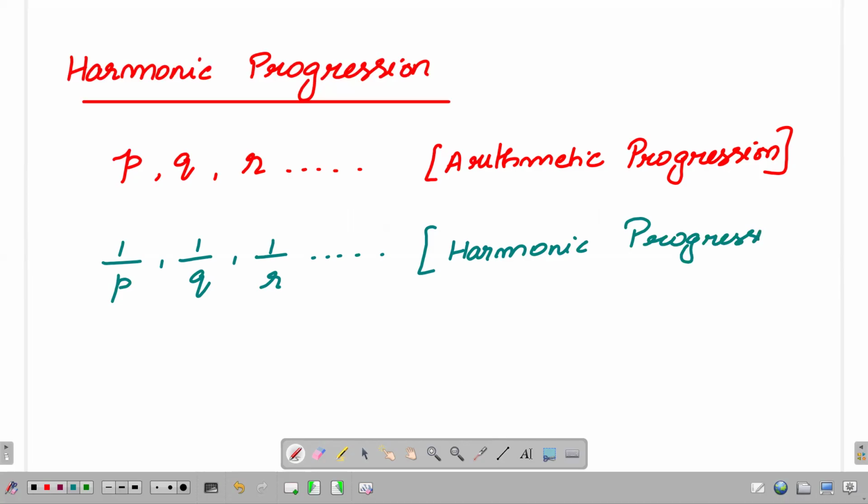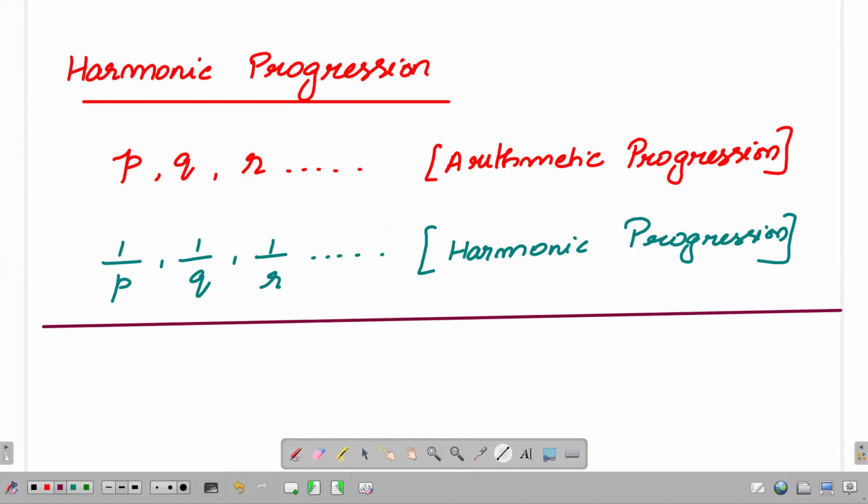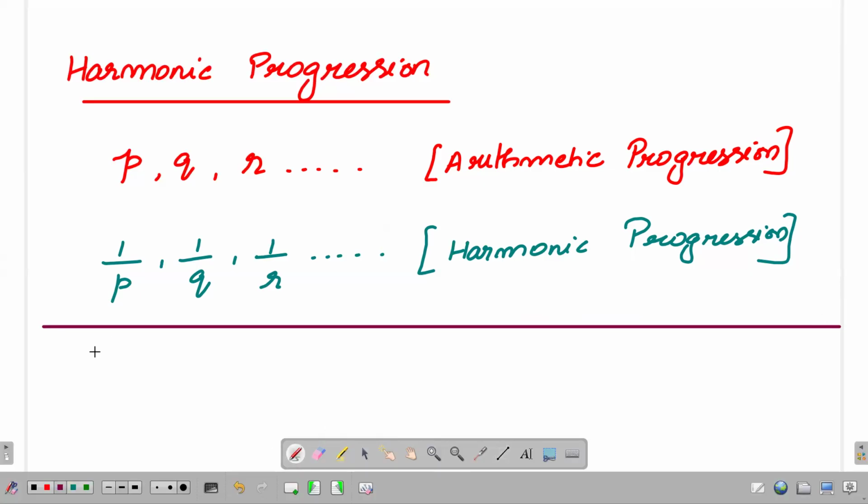So this is the first thing that you have to keep in mind when you attempt questions based on harmonic progression. Now I shall tell you the reverse logic here. Suppose I claim that x, y, z, etc. are in harmonic progression, the converse I am talking about.